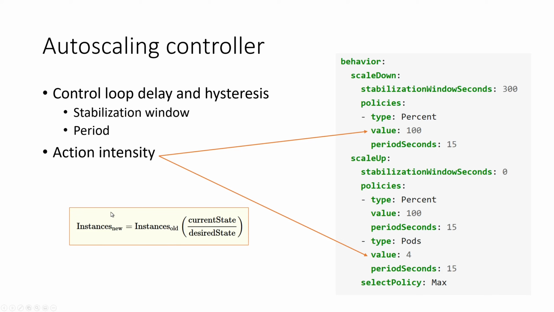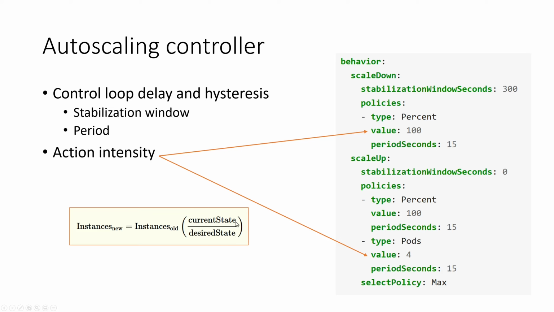And this equation over here is the equation that the Kubernetes autoscaler uses to compute the number of instances that a microservice should have. The new number of instances is a function of the old number of instances. It's a relative change. And the relative change is given by this multiplication factor over here, which is just the current state of the system divided by the desired state.